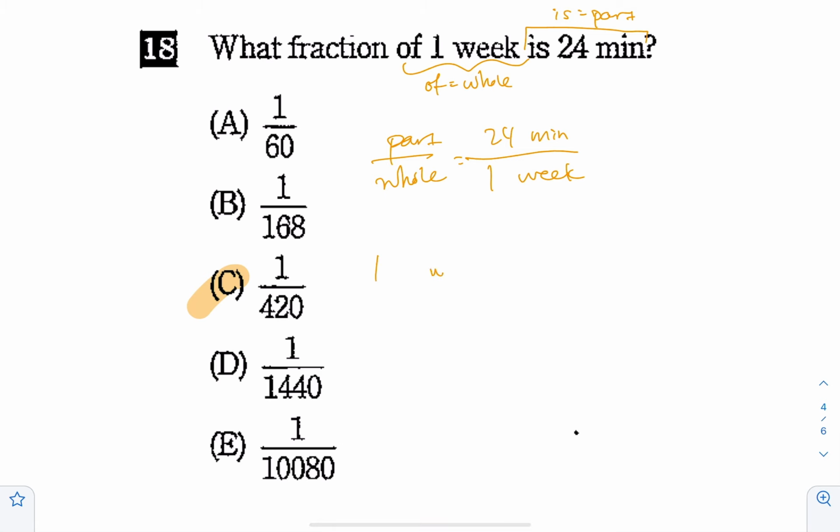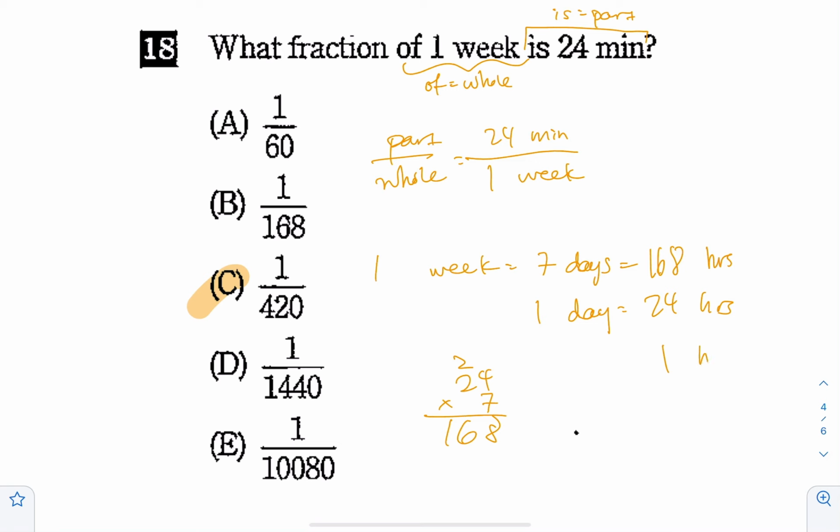So now 1 week is equal to 7 days. You know that 1 day is equal to 24 hours, so you have to do 24 times 7. You get 168 hours in a week. You know that 1 hour is equal to 60 minutes, so you have to do 168 times 60, and you could just multiply by 6 here.